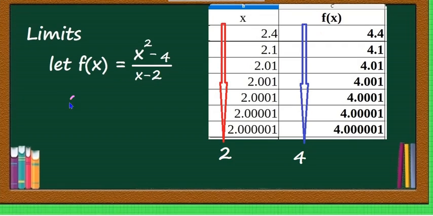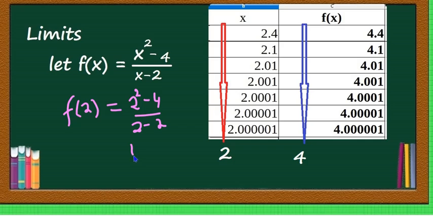Just see here. What is f of 2? If you try to find f of 2, you will get 2 square minus 4 divided by 2 minus 2. What is 2 square? 4. 4 minus 4 is 0 divided by 0, which is the 0 divided by 0 form, and this is called indeterminate form.